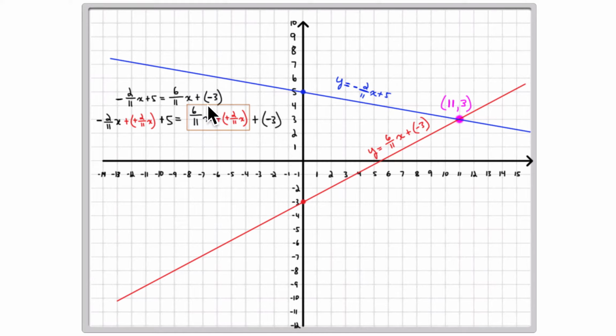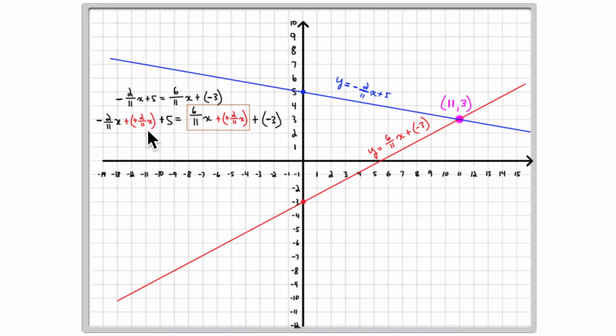Anyway, so this is the difference right here in the two slopes. It's 6/11 plus 2/11. So it's this 6/11 x actually minus a -2/11 x. But to subtract a -2/11, that's the same as adding a positive 2/11.